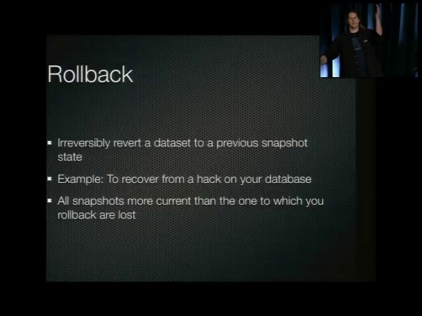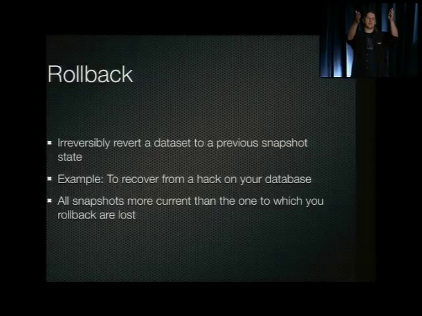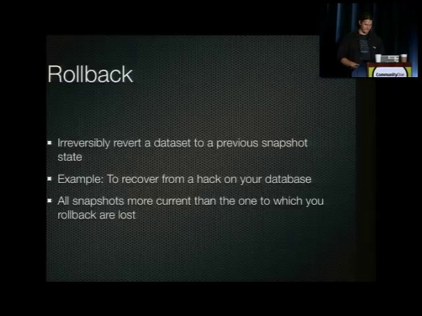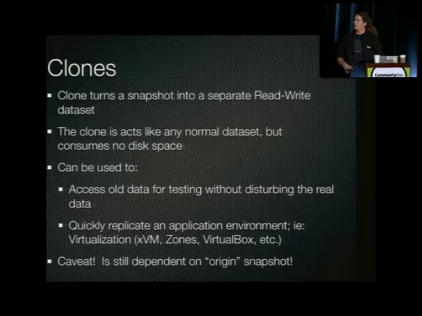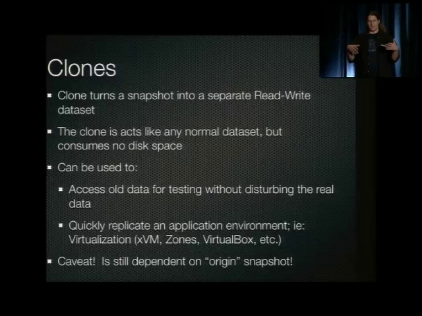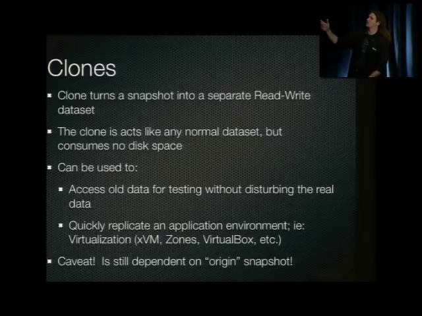If you create an hourly snapshot and it's 6 o'clock and you want to roll back to noon, when you roll back to noon, all those snapshots at 1, 2, 3, 4, 5, 6 o'clock, poof, gone. Okay? So we can take a snapshot and pull data out of it. We can roll back to a snapshot at some given point in time. And we can also clone it.